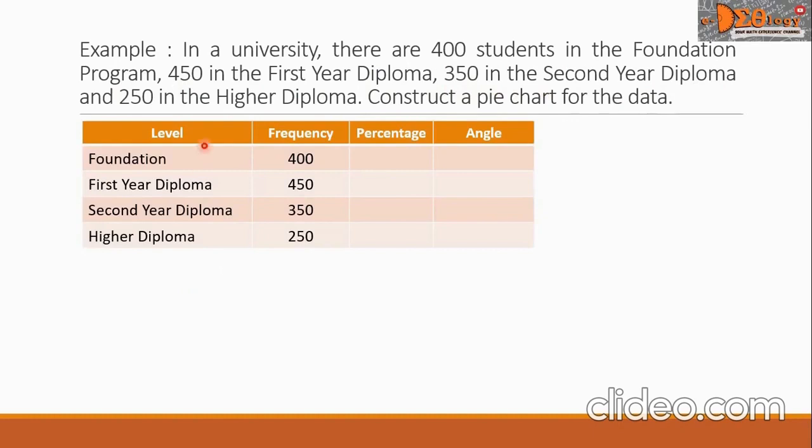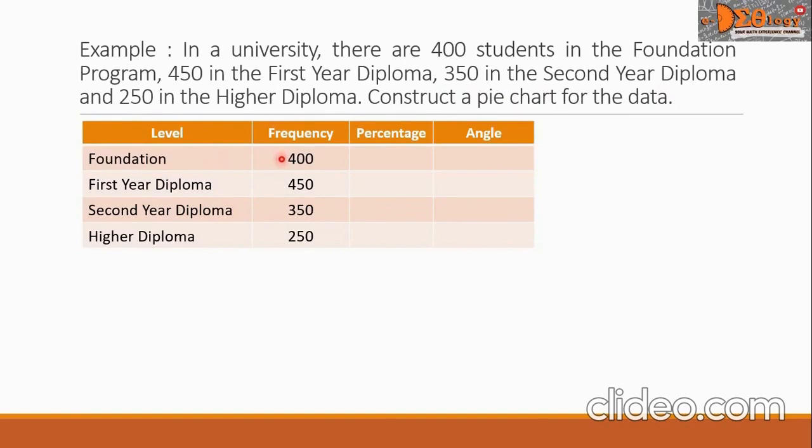I have here a table with 4 columns. The first column is reserved for the level, and the levels are foundation, first year diploma, second year diploma, and higher diploma. The next column is for the frequency.